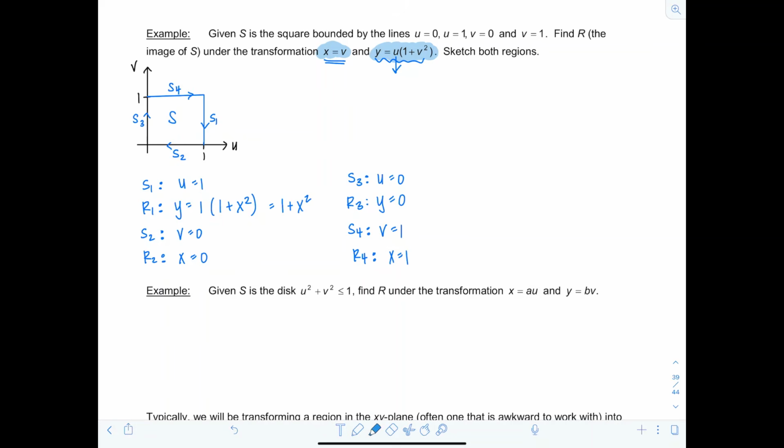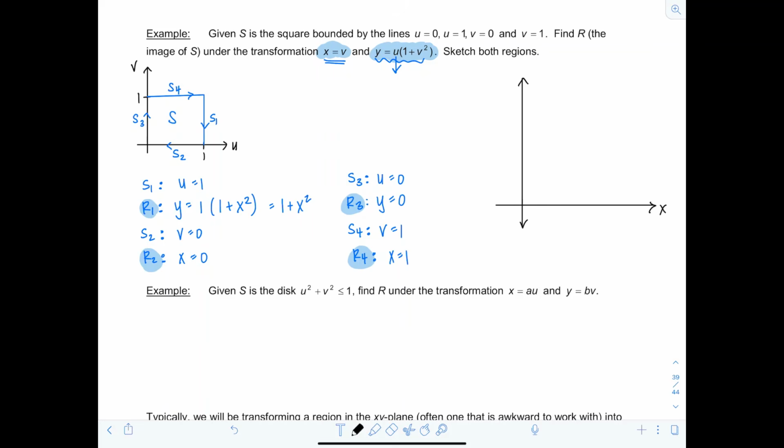So now I'm going to put together R1, R2, R3, R4 in the xy plane and see what they bound. And that's going to be my region R. So I've got this parabola opening upward, shifted up 1 unit, and it looks like everything else is positive. So I'm going to stay primarily in the first quadrant. There we go.